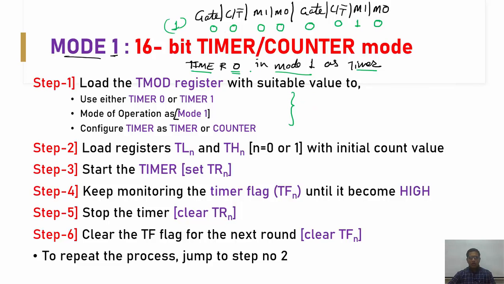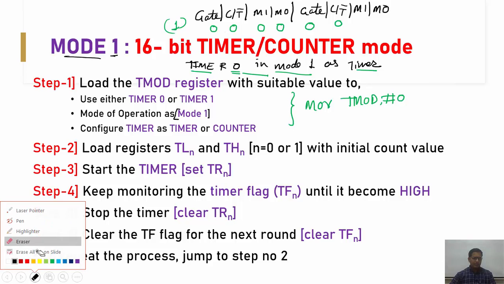To indicate all this, as per the program statement, I am supposed to write the instruction MOV TMOD, #... sorry, this is mode 1, so for mode 1 it is 0 1. Extremely sorry for this, as we have to select mode 1 of operation.